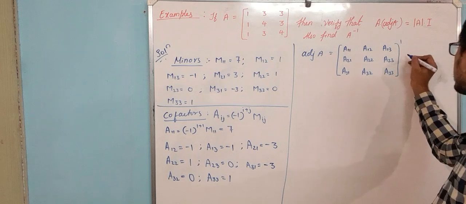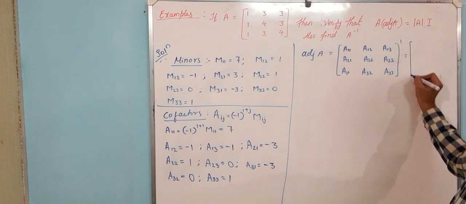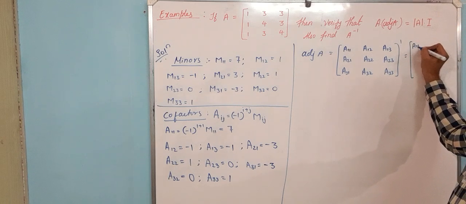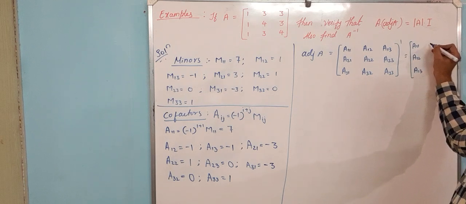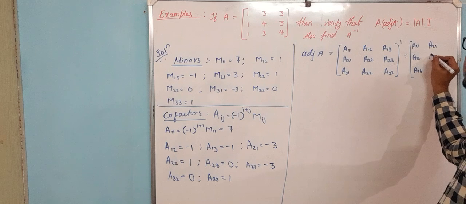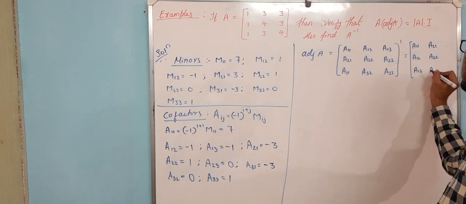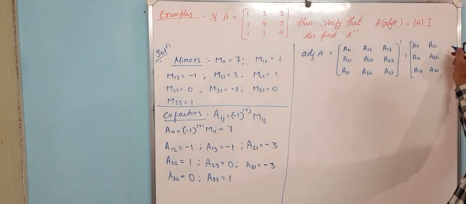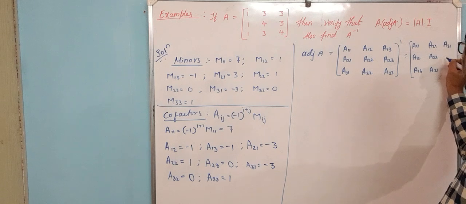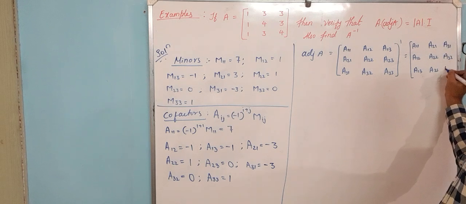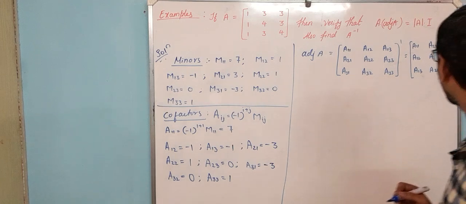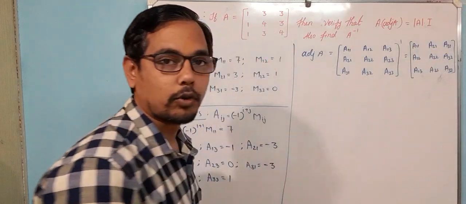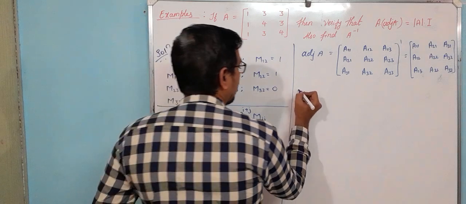So if we take the transpose, what do we get? The rows become columns: A11, A12, A13 in the first column, A21, A22, A23 in the second, and A31, A32, A33 in the third. This is what we are going to get, the transpose of that.